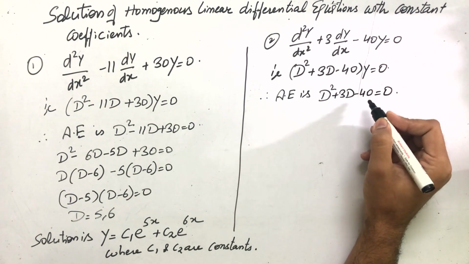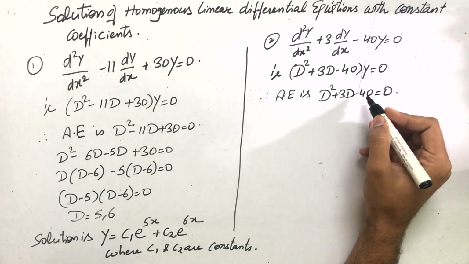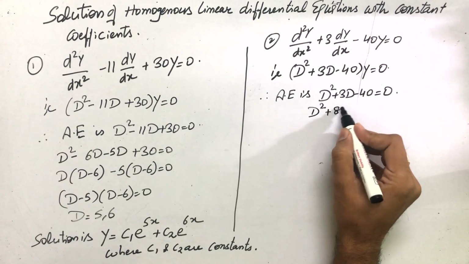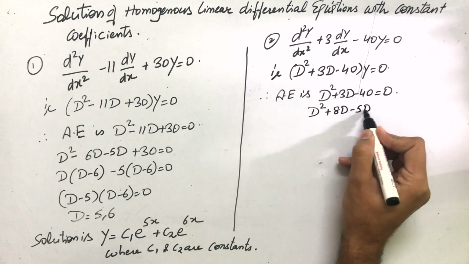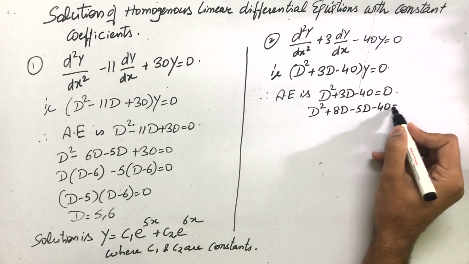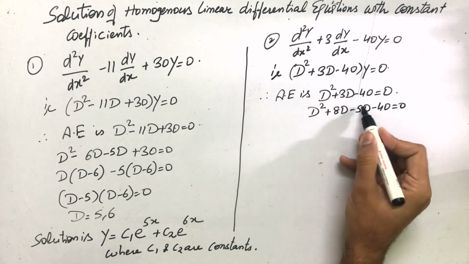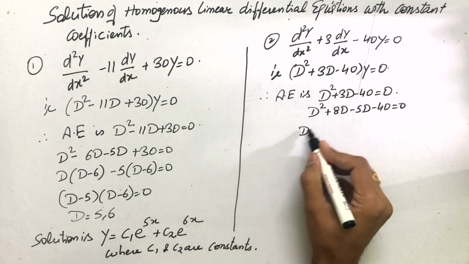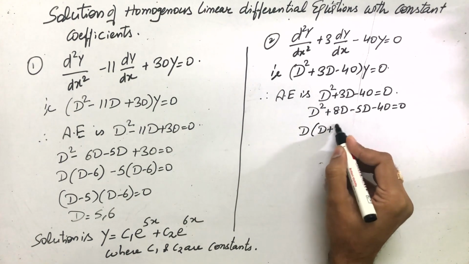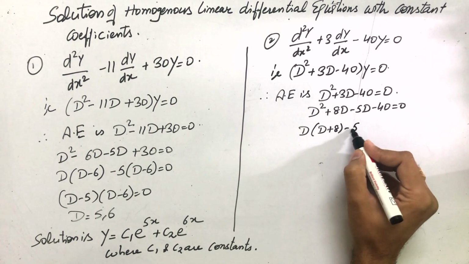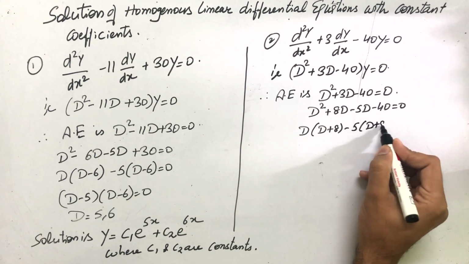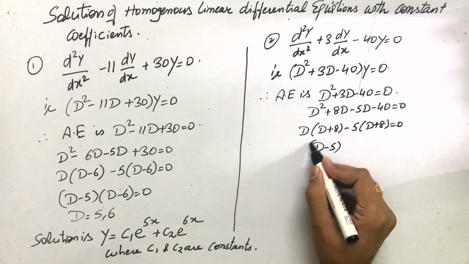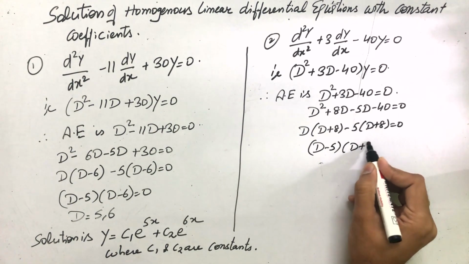So we solve this equation for its roots, and we can easily factorize this by writing 8D minus 5D minus 40. So here we get 3D, and when we multiply we get minus 40D square. Taking D common, D plus 8, and taking minus 5 common, again we have D plus 8. So the factors are D minus 5 and D plus 8.